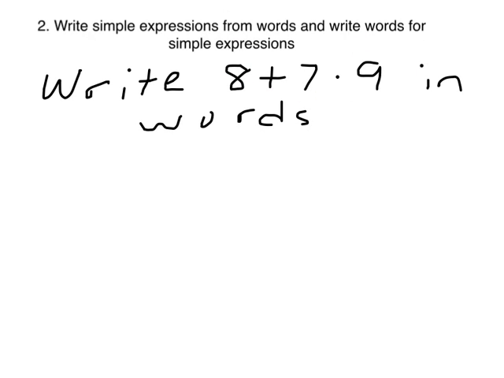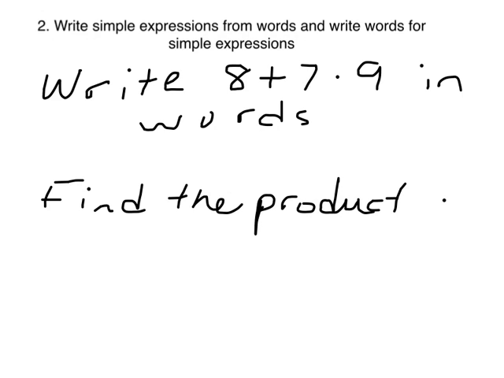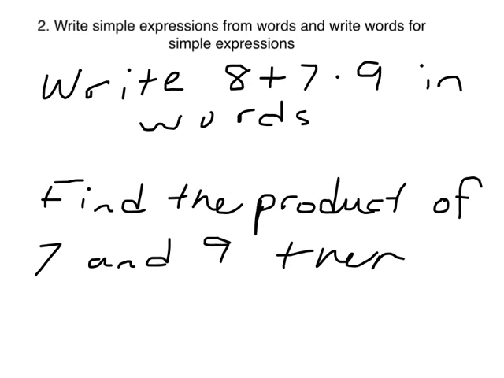So what I could say here is, because of the order of operations, I know multiplication is going to come first, so I could say find the product of 7 and 9, then add 8.